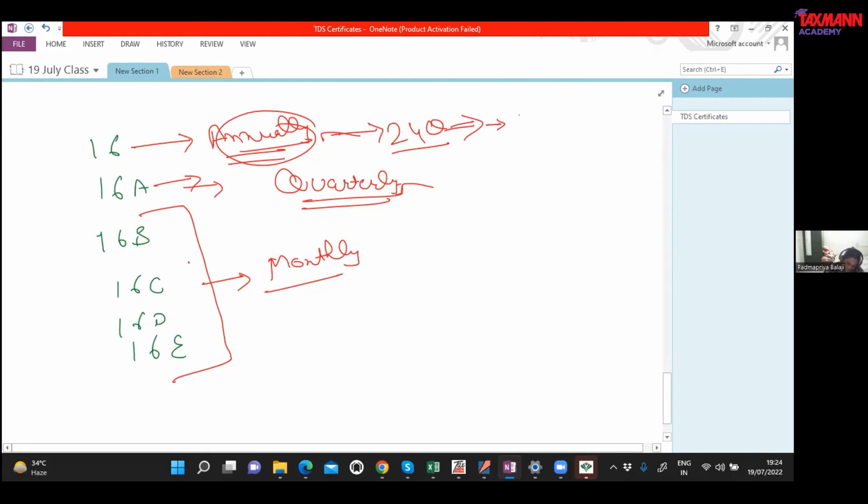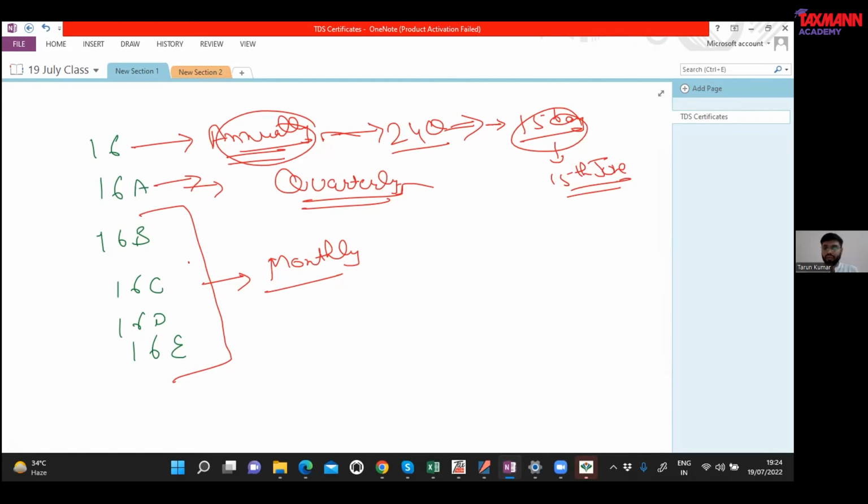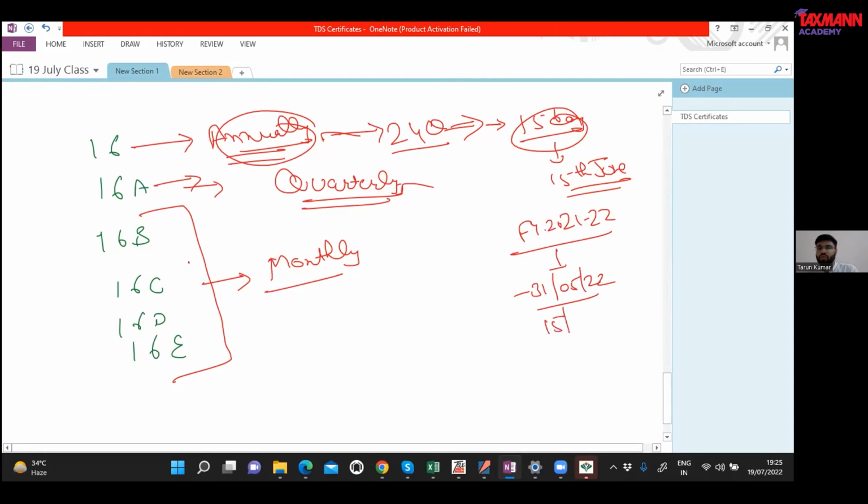So it has to be issued 15 days from that date. In our case, it is to be issued by 15th June, since the TDS return in Form 24Q is to be filed by 31st May and the TDS certificate is to be issued by 15th June. So for example, for financial year 21-22, Form 24Q is to be filed by 31st May 22 and Form 16 is to be issued by 15th June 22.